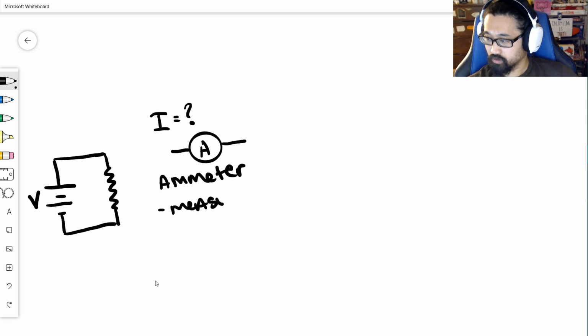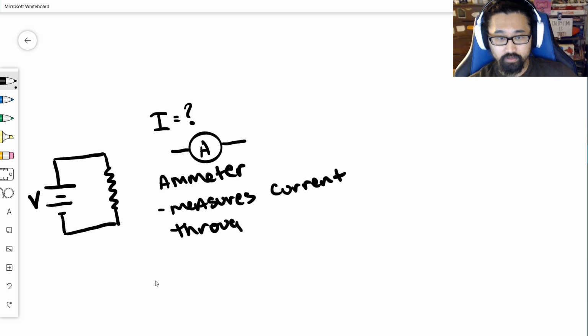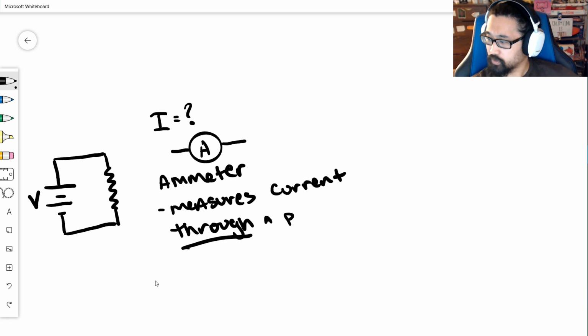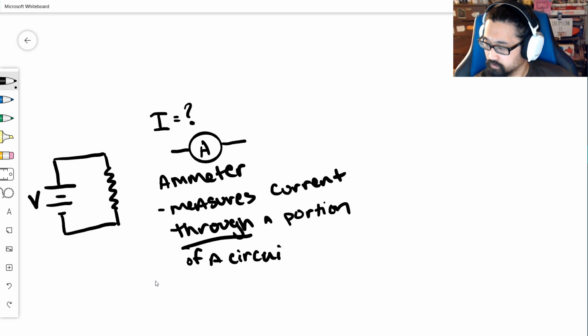It measures current through a portion of a circuit.